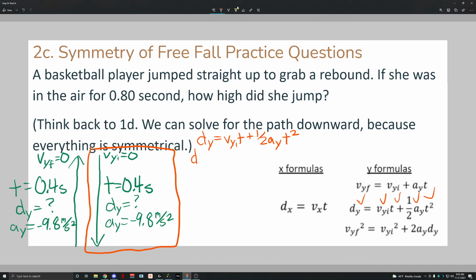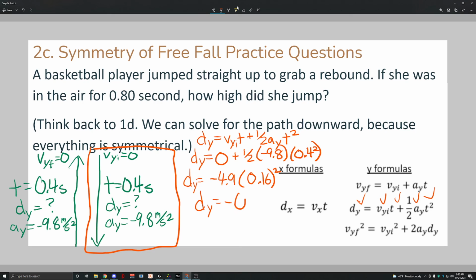So dy is equal to vyi, which is 0, plus 1/2 times negative 9.8 times t squared. So dy is equal to 1/2 times negative 9.8, which is negative 4.9, times 0.4 squared, which is 0.16.